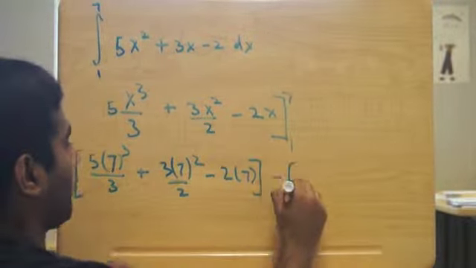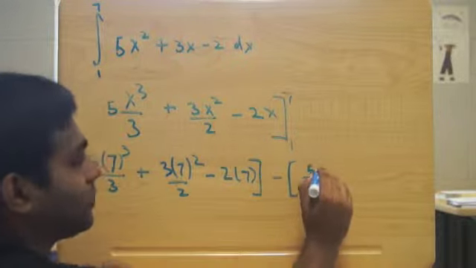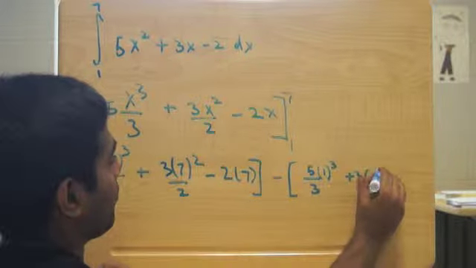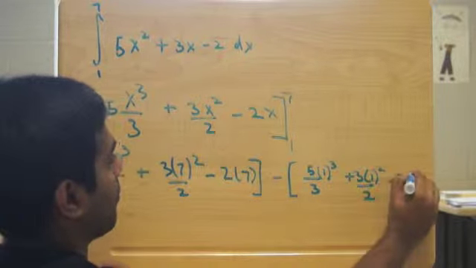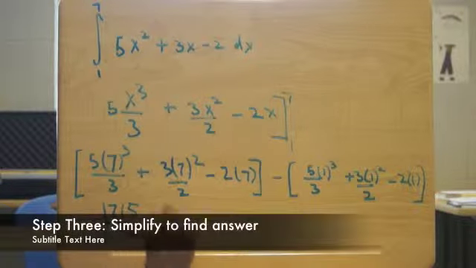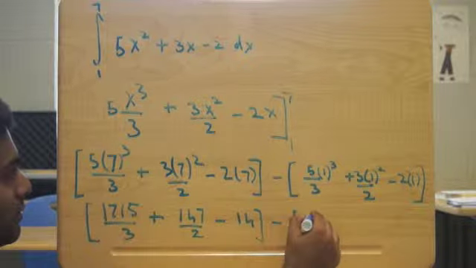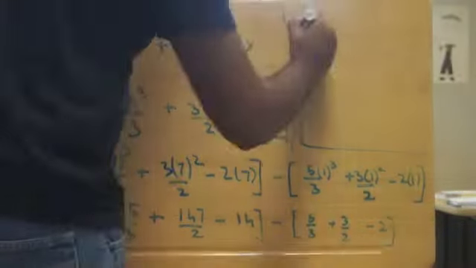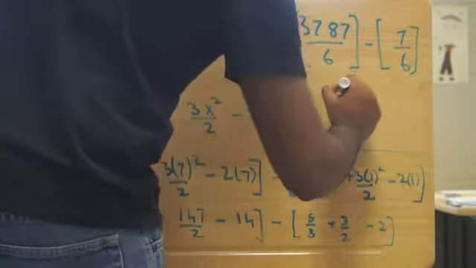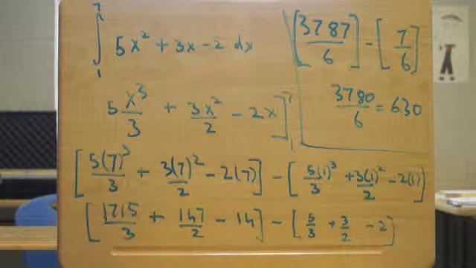Now you plug in 1 to the antiderivative and subtract it from the antiderivative at 7. Now you use algebra to subtract the antiderivatives to find the final answer. And now we come up with an answer of 630.